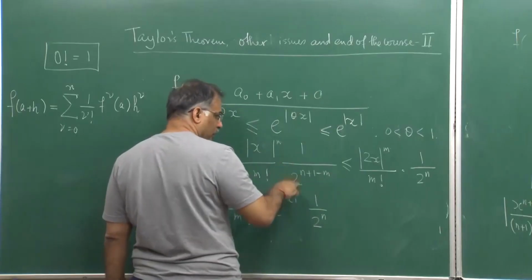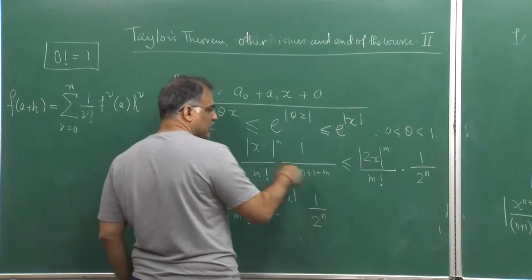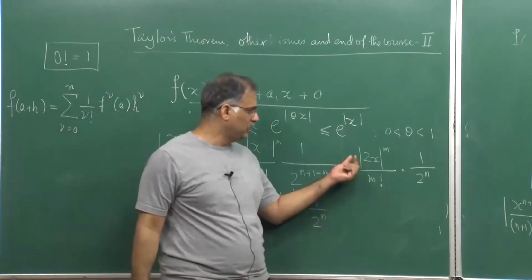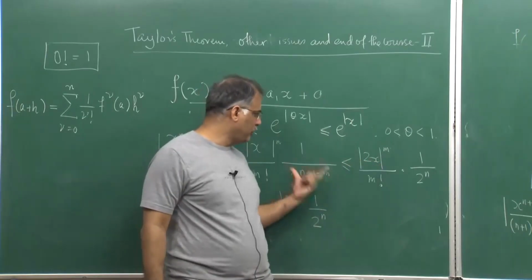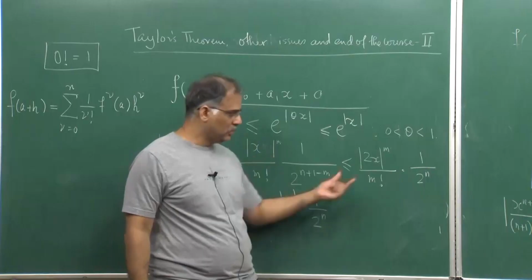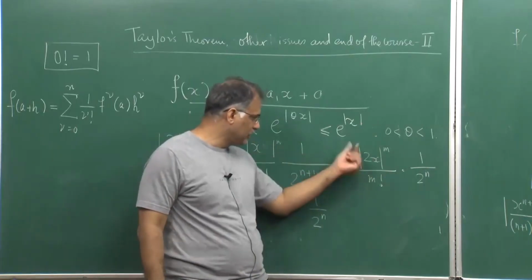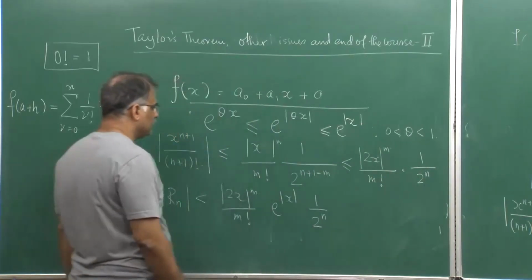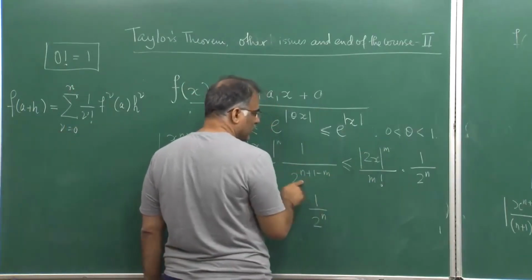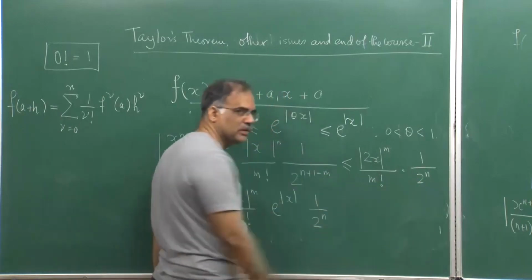So there is (1/2) to the power n plus 1 minus m. Now this is a positive thing, and 2 mod x is obviously bigger than x, so mod 2x to the power m is bigger than this. So once you write this, 2 to the power m will cancel and leave you just this.